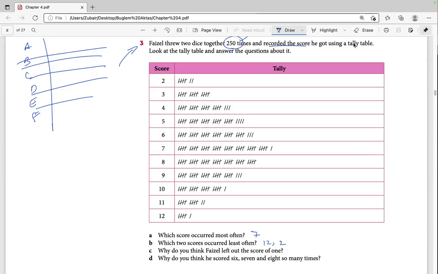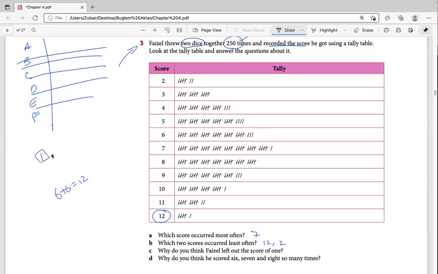If you are throwing two dice and writing the score he got, two dice together, 250 times, he's adding up those scores. How is he getting 12? He's adding those two scores and writing it. And if you are throwing two dice, you can never get an output of 1.